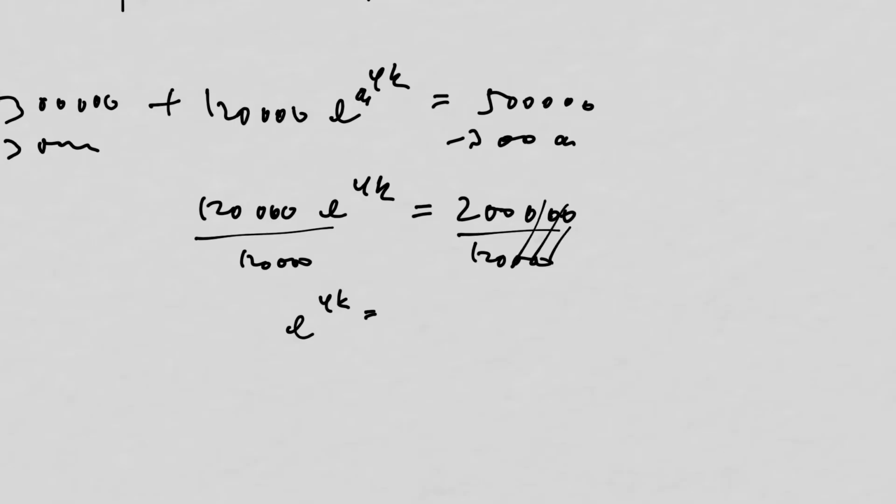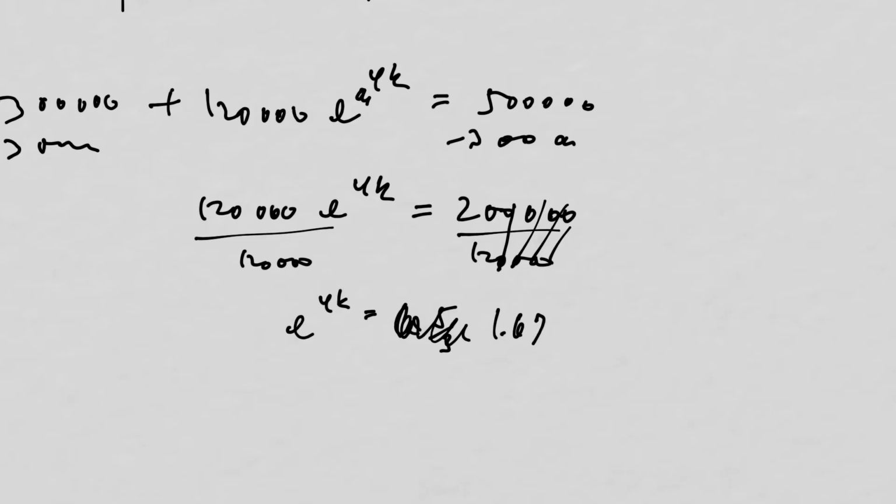I like to get rid of all these zeros. So 20 over 12, calculator time. And you get 1 2/3, 1.66667. It's a multiple choice question, so you could write 1.67, probably good enough.